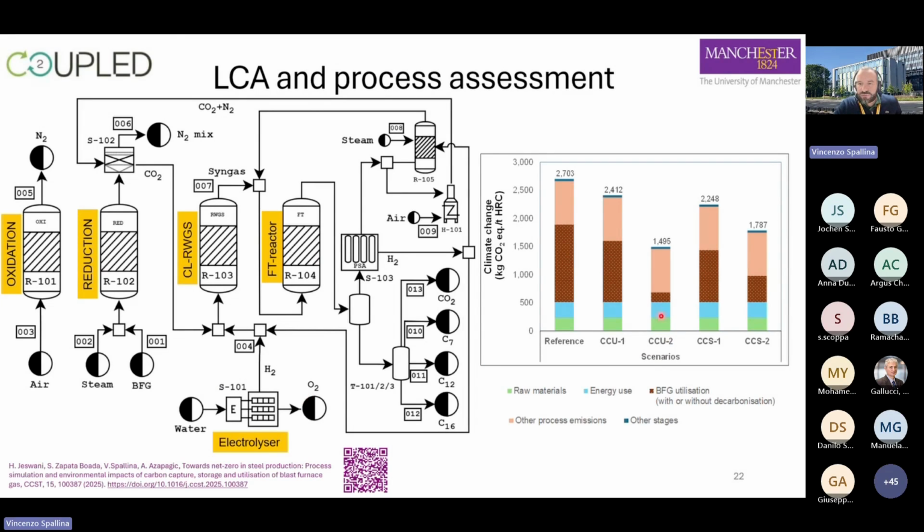But if we use electricity from wind, as for the CCU2 case, we can almost halve the existing climate change impact of the steel industry, which was the gas we used for the reduction. So it's not a way to reach net zero, but it's a way to drop CO2 emissions from a steel plant by 50% and at the same time generate liquid fuel from recovered CO2.